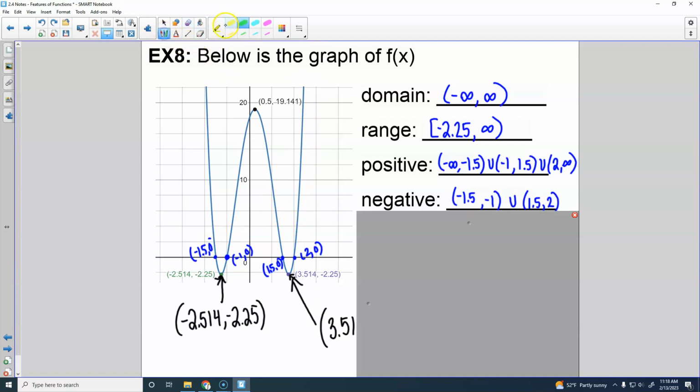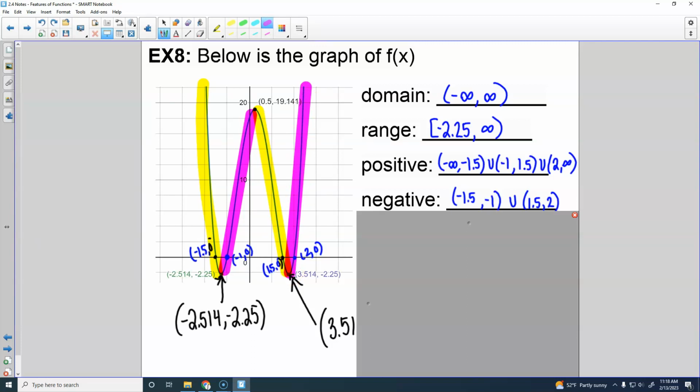Okay, so now we're thinking about increasing or decreasing, and this one is more complicated because it switches, right? So we're going to decrease here. We switch to increasing in that next section. We decrease again, and then we increase again, right? So my yellow is my decreasing. My pink is my increasing.